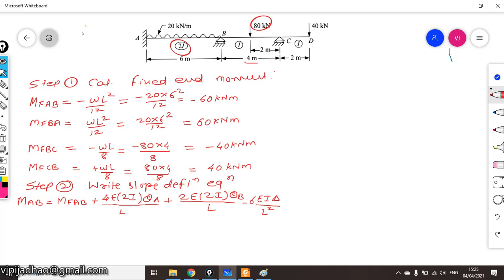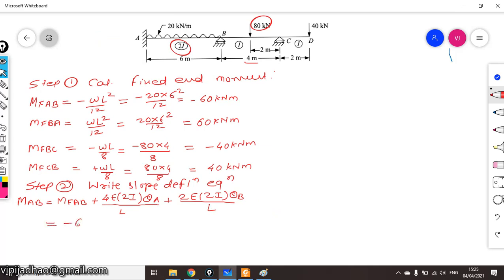Here the value of delta is not given, or the value of delta is 0. Therefore, we can directly skip this particular term of 6EI delta upon L square. So put the value of MFAB here.